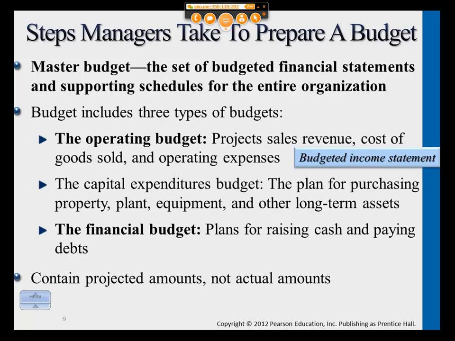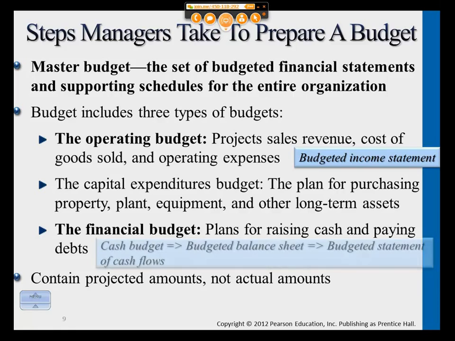And then the last one is your financial budget. This one helps you to plan for raising cash, paying debts, all right? So it's like somewhat a marriage, right, of cash budget, budgeted balance sheet, budgeted statement of cash flows.